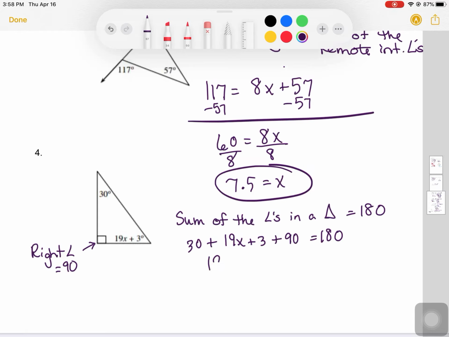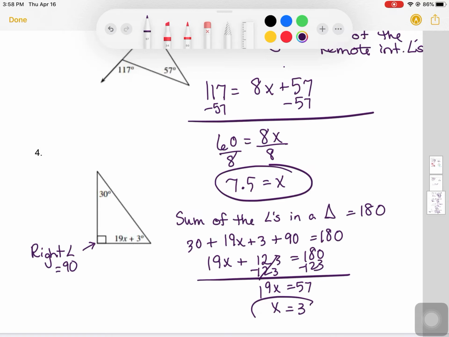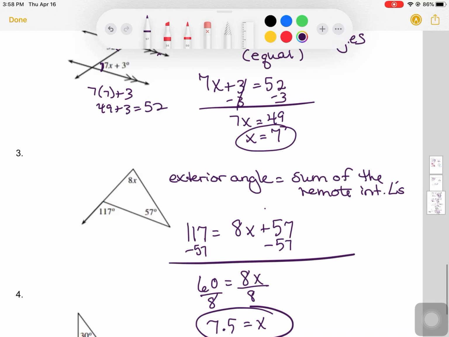I'm going to put my like terms together. So I get 19x plus 123 equals 180. Do some subtraction. I get 19x equals 57, and x equals 3.